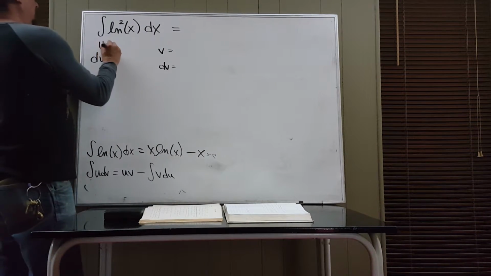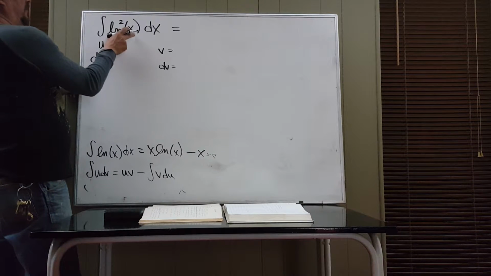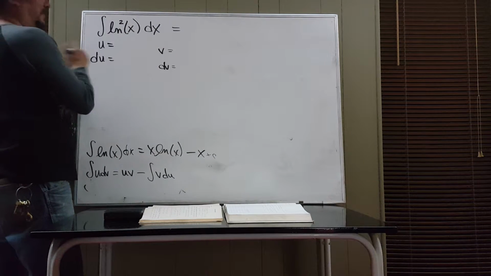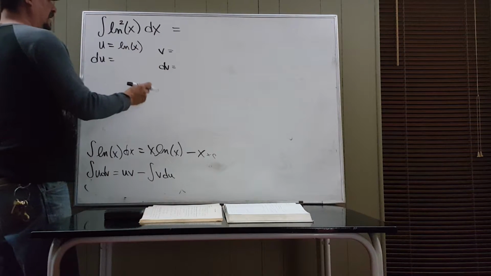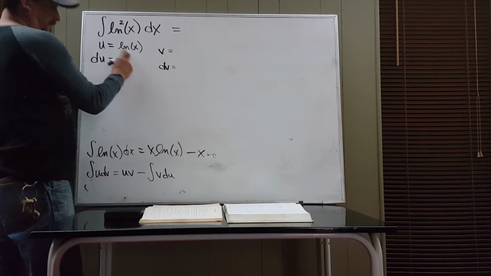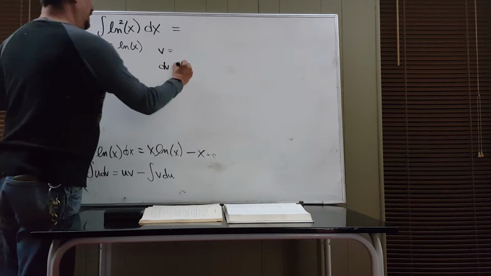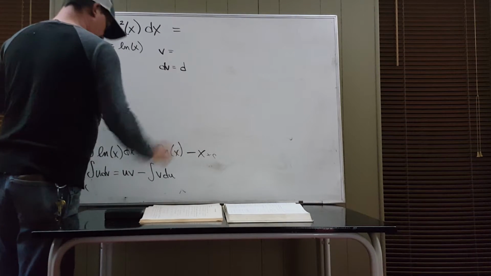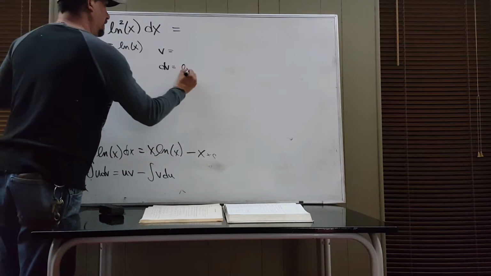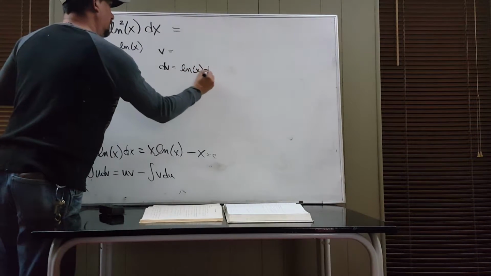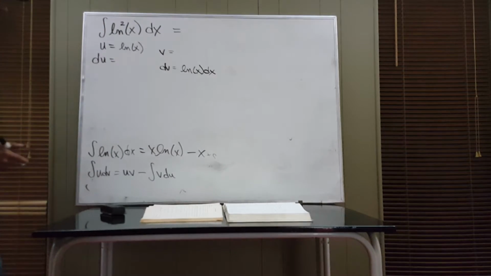So we have two functions multiplied by each other, and they're the same one. So u is going to be the natural log of x. And now that I can anti-differentiate this, since I have it right here, dv is also the natural log of x. So we got a dx on there.